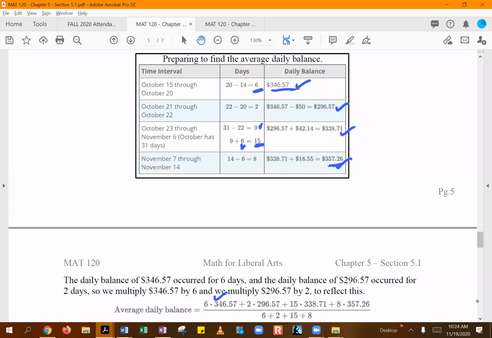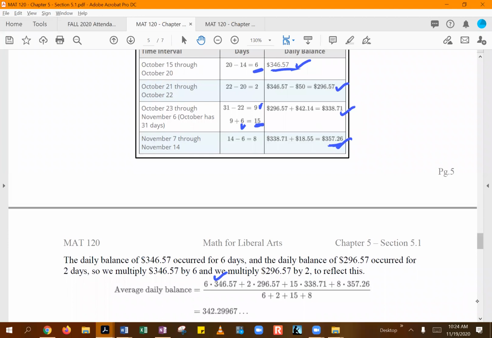That's our first calculation in the average daily balance at the bottom of your screen. Then the balance of $296.57 stayed for 2 days, so we multiply 2 by 296.57. The $338.71 was for 15 days, so we multiply 15 by 338.71. And the final balance of $357.26 stayed in our account for 8 days, so we multiply that by 8.